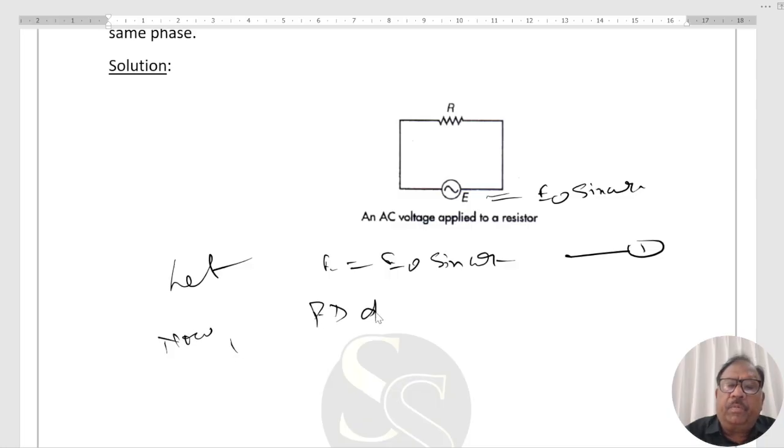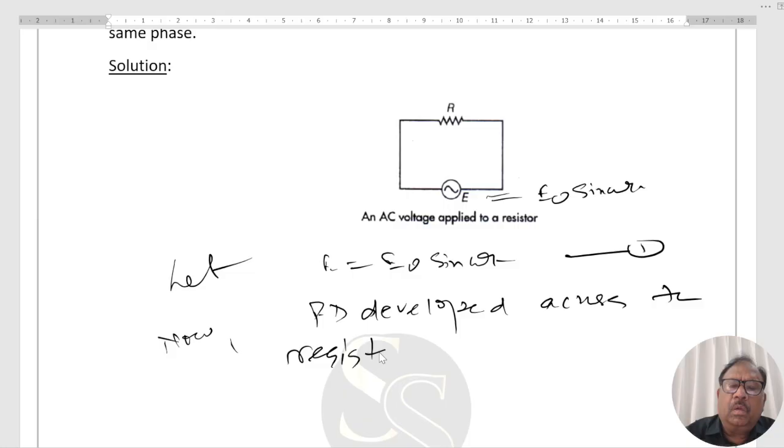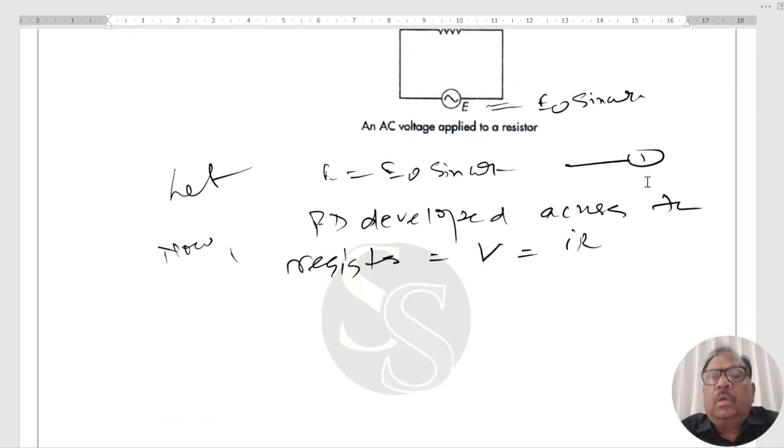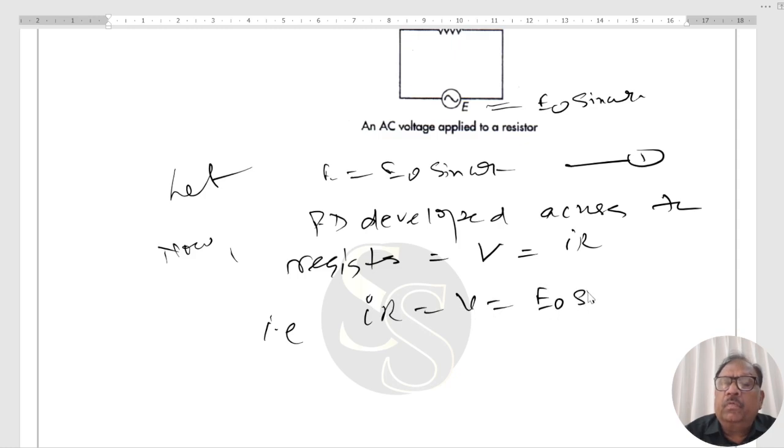Now, potential difference developed across the resistor will be equal to V equal to I into R. That is, IR will be equal to V, that is equal to E naught sine of omega t from 1.